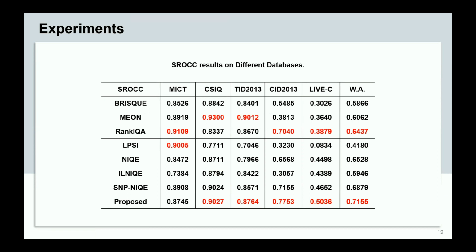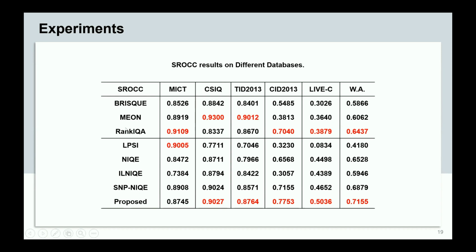This table shows the SROCC of the proposed method as well as other BIQA methods. WA refers to the weighted average performance over 5 databases, and the weights are the number of images selected in each database.